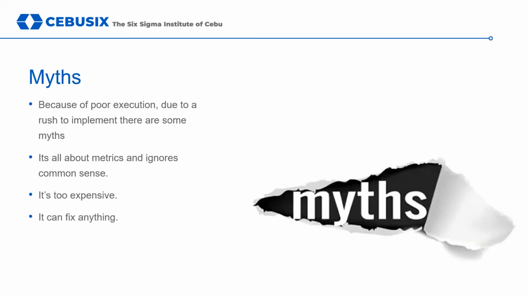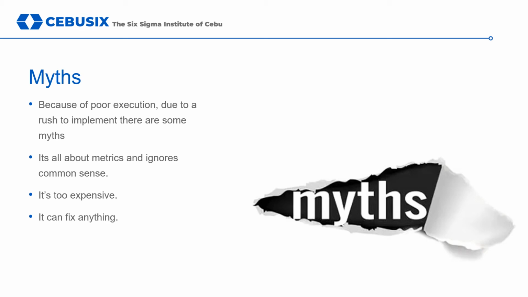Because of poor execution caused by a rush to implement, there are some myths surrounding the implementation of Six Sigma within an organization. There are those who have had bad experiences with other quality control methods and programs. Some of these programs do focus on metrics and ignore the fact that common sense and experience still play an important role in operating a business.